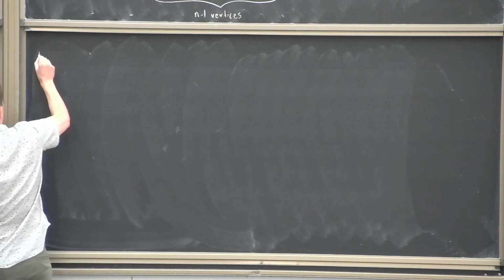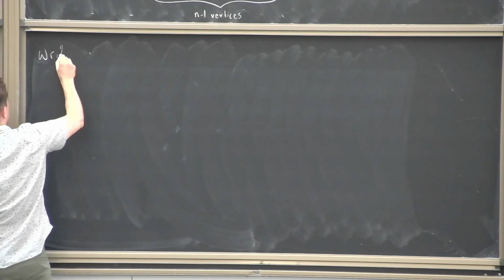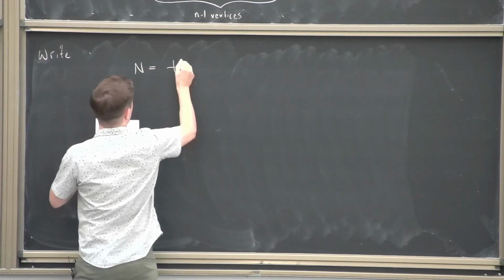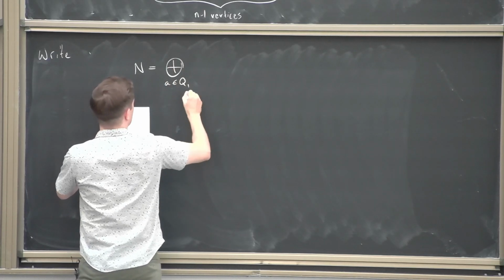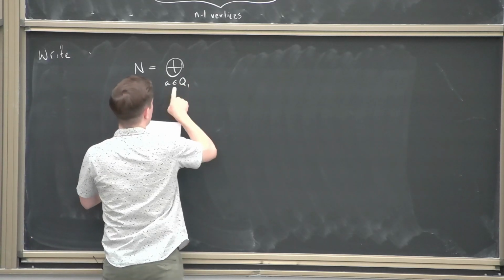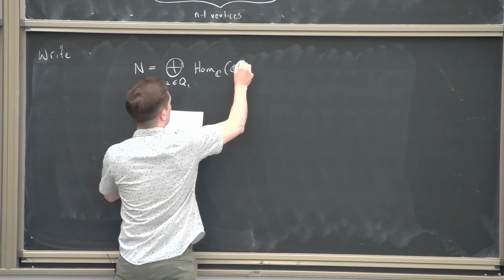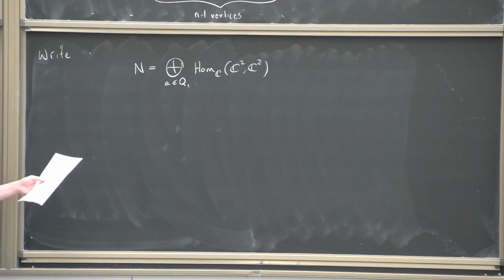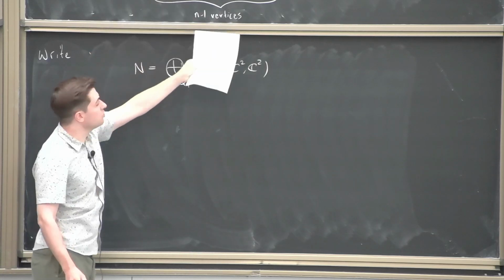And let's consider the following associated vector space. Let's write N for this space, which you could think of as a space of representations of this quiver. So for every arrow, we consider linear maps from C^2 to C^2. It's like taking a representation of this quiver where the dimension vector has all 2's at every vertex.